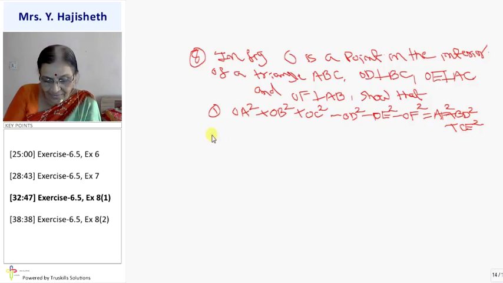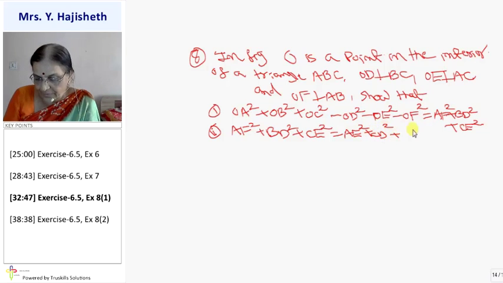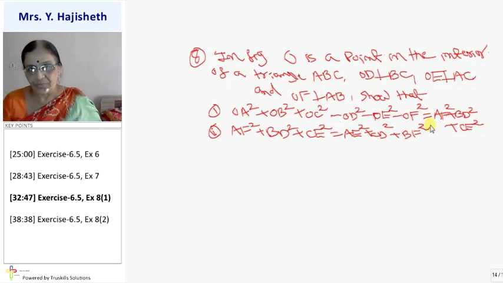And in the second part they ask you to prove AF square plus BD square plus CE square is equal to AE square plus CD square plus BF square. 2 parts I have to prove.